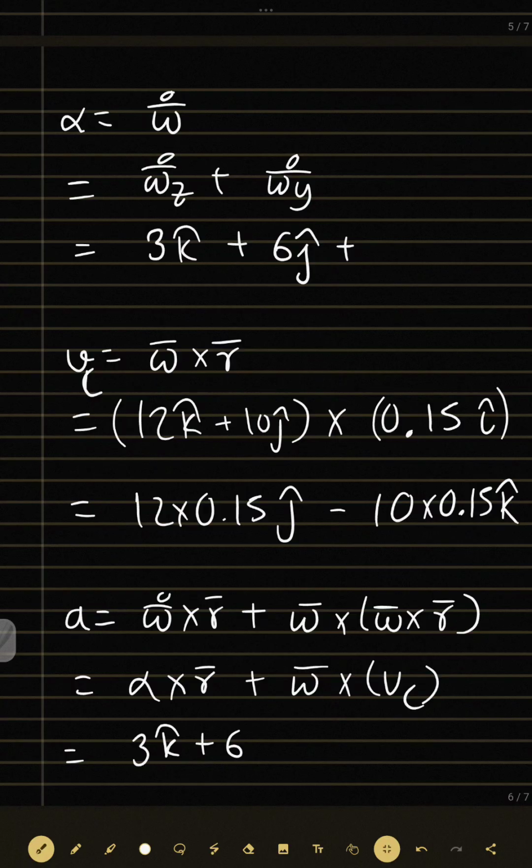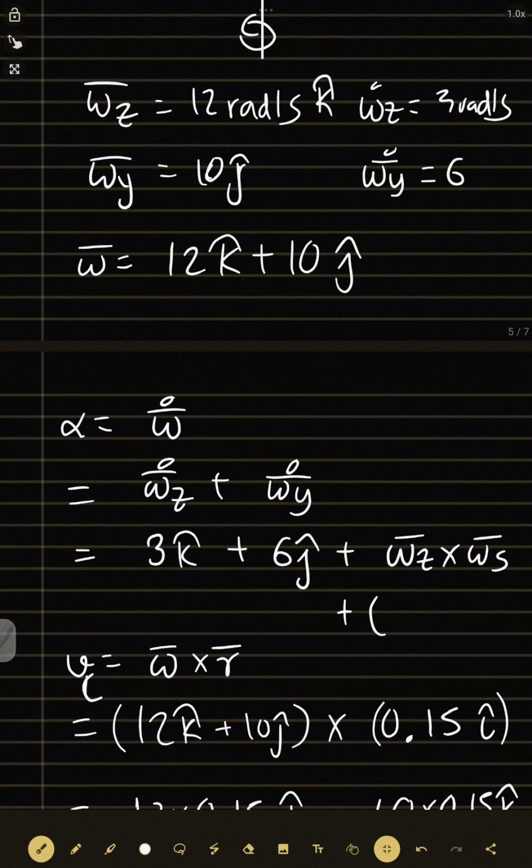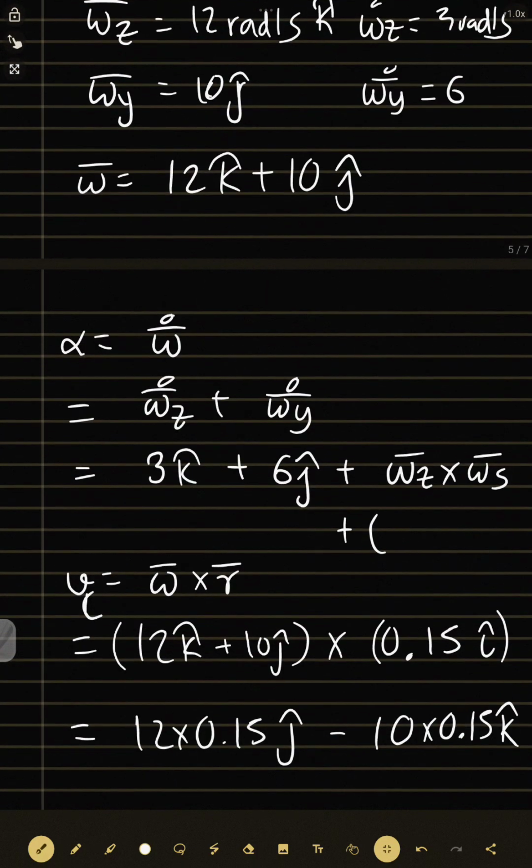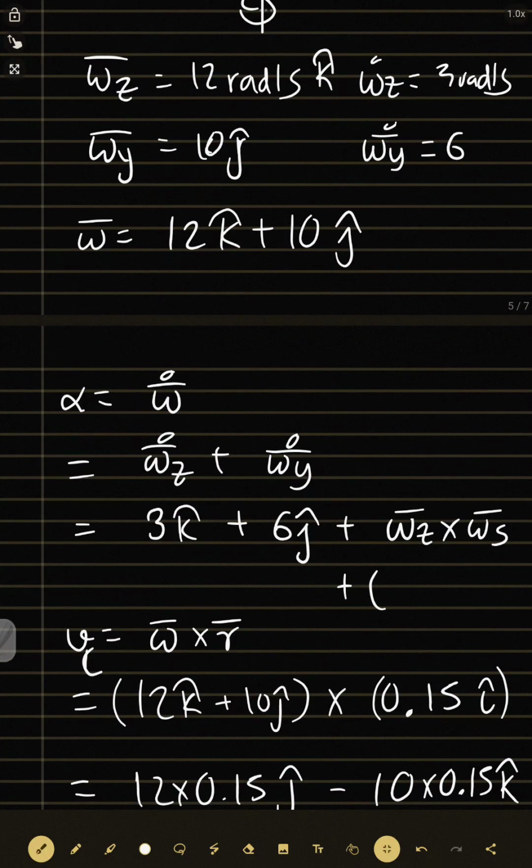What is the direction? K. Plus, now you notice, this is omega s, let's take this as y, and this is z. So this omega s is changing direction. Why? Because of the rotation about z. So this part we will write as omega p cross omega s.